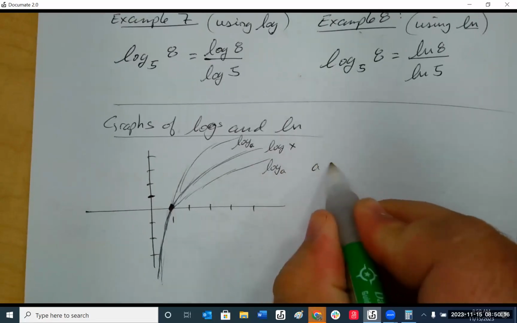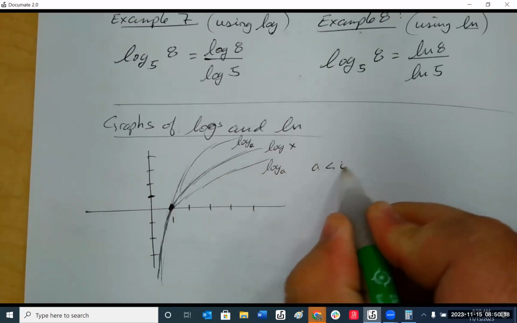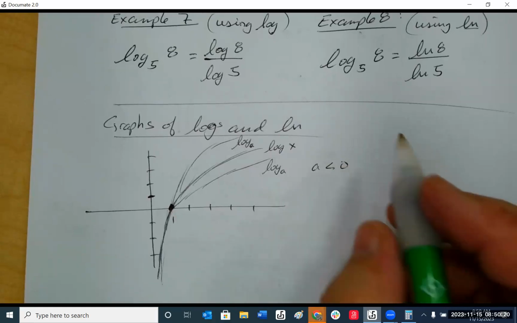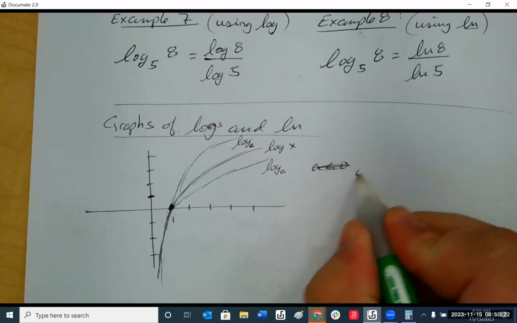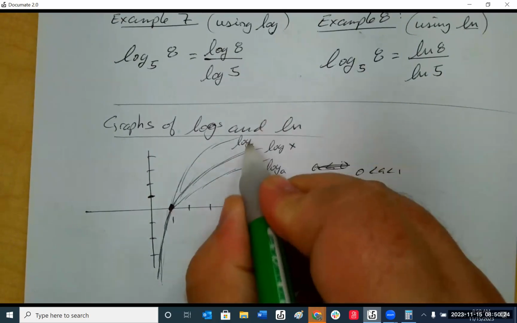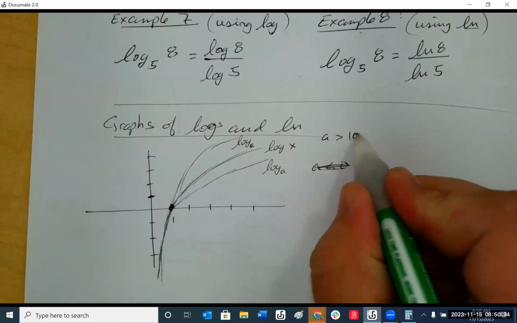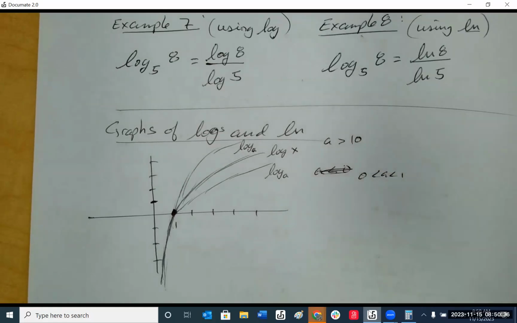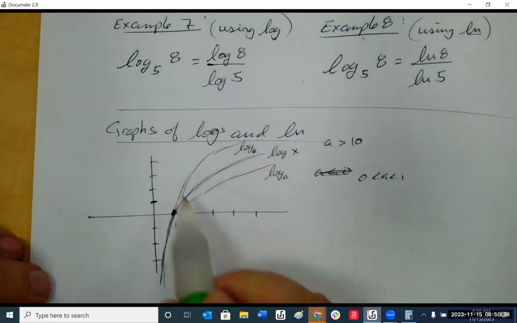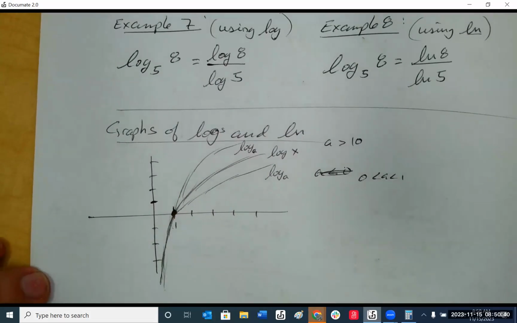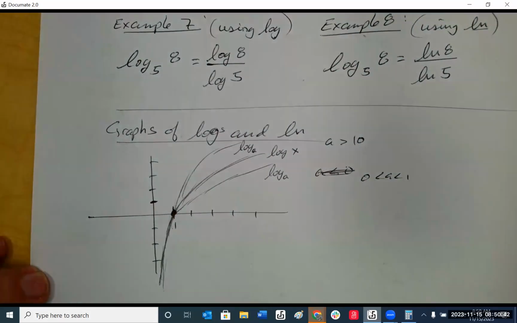This is if a is between 0 and 1, I should say. And this is if a is bigger than 1. They're bigger than 10 because it grows much faster. So again, it looks the same, crosses through 1 because that's at 0, it's always 1.